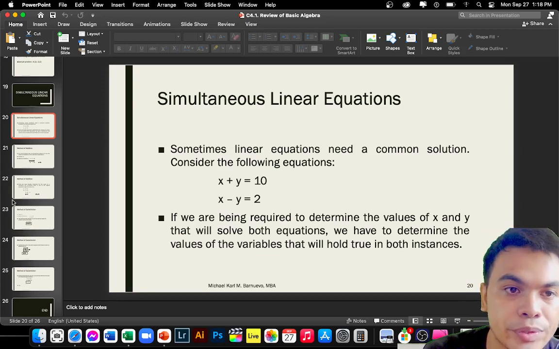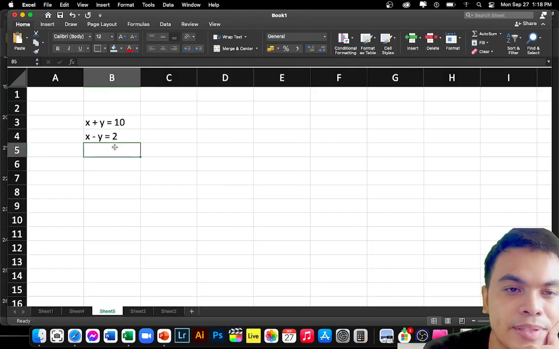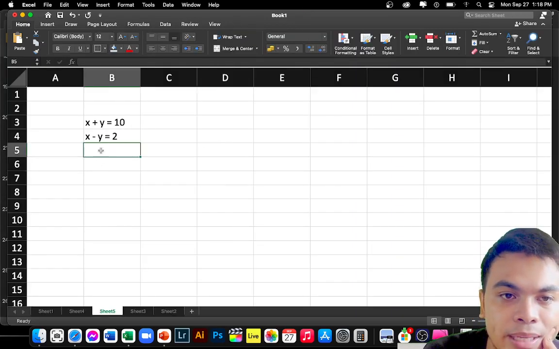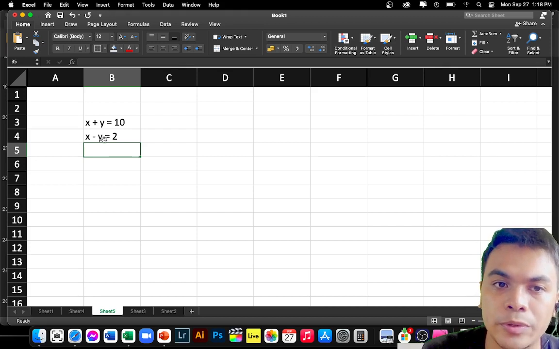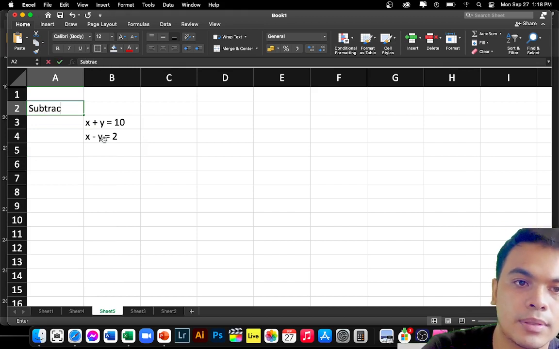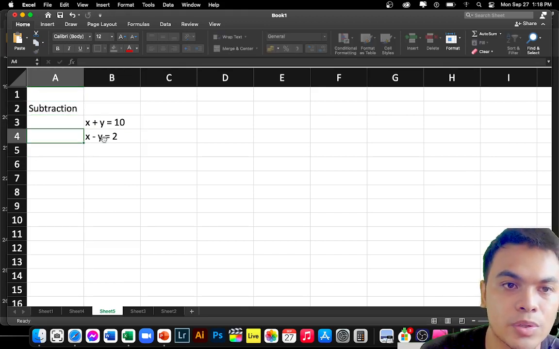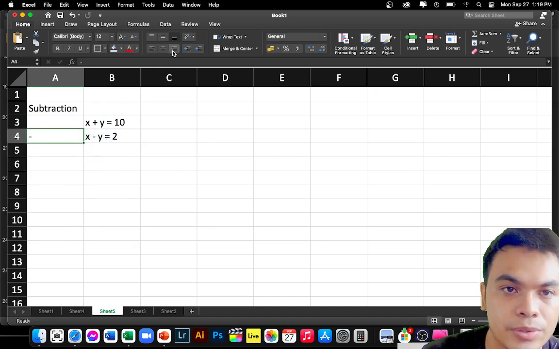We can use addition or subtraction. In this example, let's try to eliminate y. Positive y and negative y. In order to eliminate this variable, what are we going to use? Addition or subtraction? Of course, we are going to use subtraction. So we now deduct these equations.